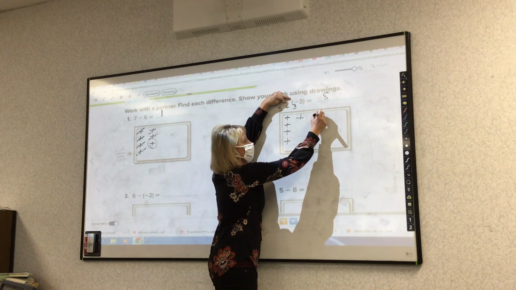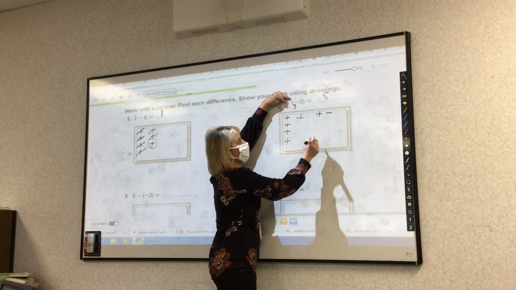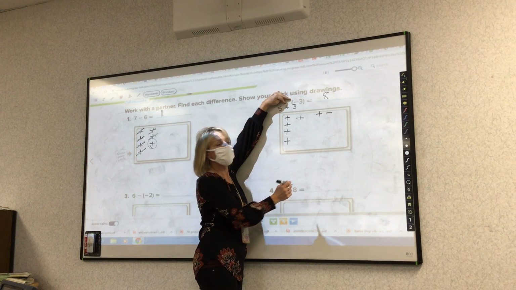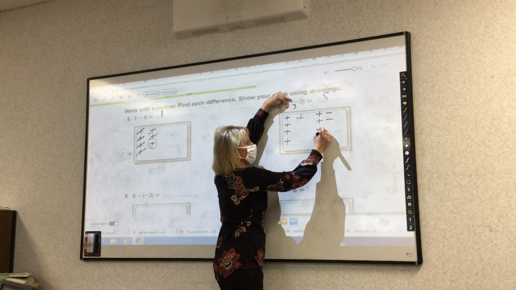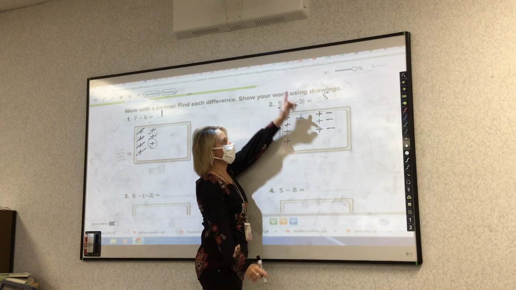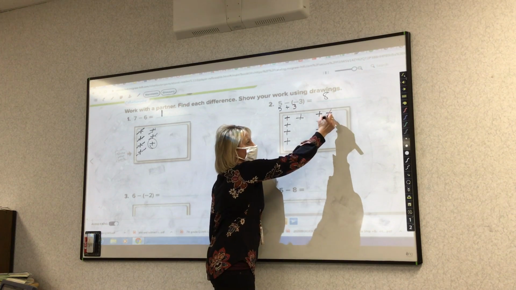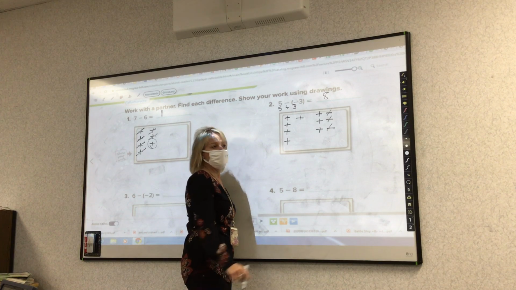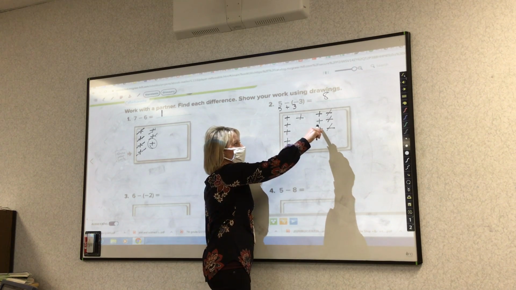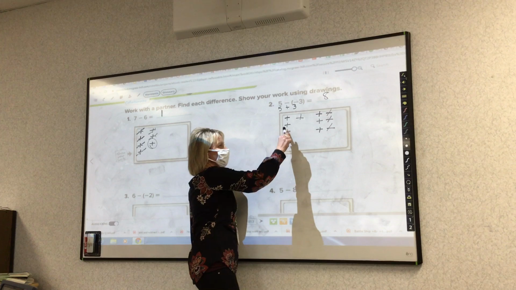So a 0 pair is a plus and a negative. How many of those do I need to add? 3, because I have to take away 3 negatives. So a plus and a negative, a plus and a negative. So now I can X out my 3 negatives and then count my positives that I have left. 1, 2, 3, 4, 5, 6, 7, 8.